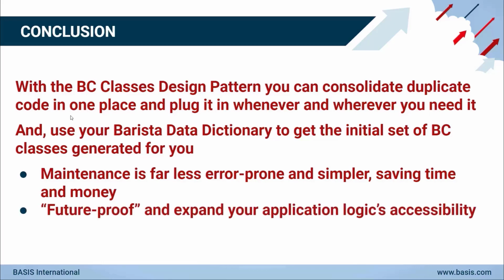It will future-proof and expand your application logic and make it accessible for the next generation user interfaces and client programs. The BC class concept is an important concept to bring forward your existing BBJ code as well as to write new functionality from scratch. Start your API first strategy today.